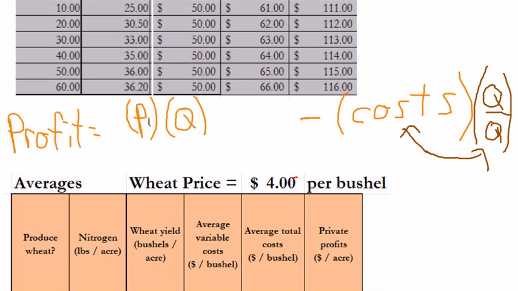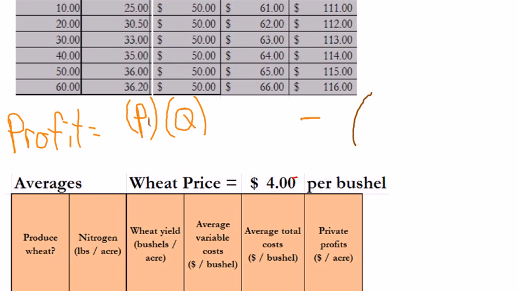So I can replace this whole term with just this. Average cost times quantity. So now profits equal price times quantity minus average cost times quantity.